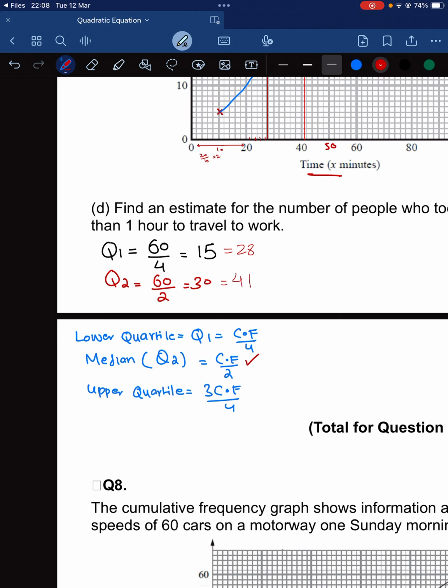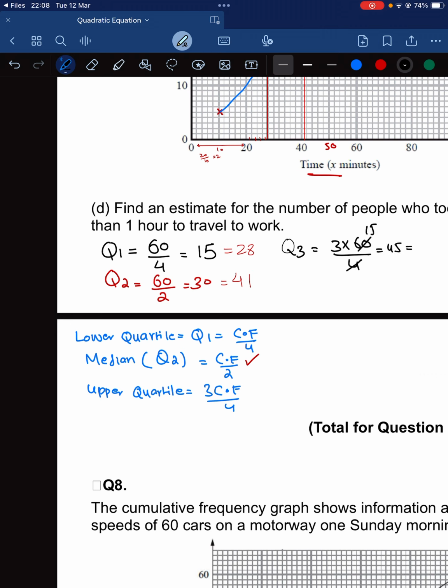In the same way we can find the upper quartile. Q3 is 3 times cumulative frequency over 4, so it's 3 times 60 over 4. If we cancel out, we get 15 times 3, so that is 45.